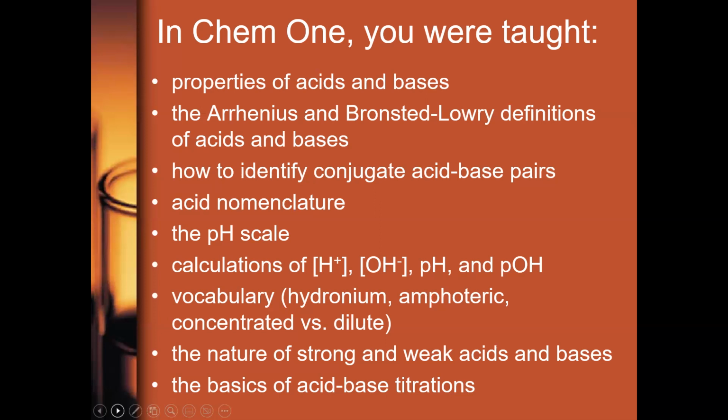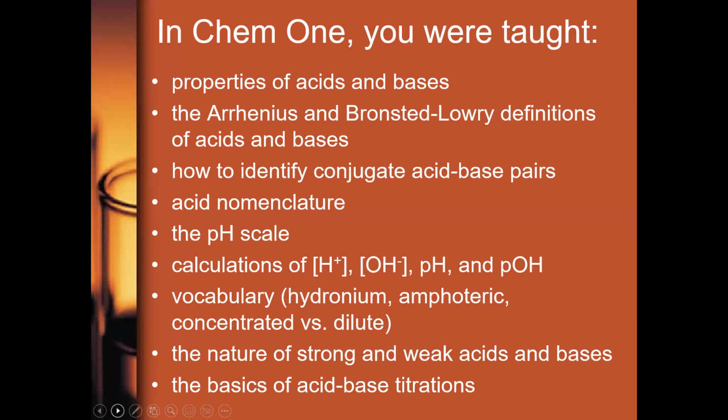In general, with the basic math for acids and bases, I remember our pH scale. We're going to touch base on that, which goes from 0 to 14. Those lower numbers are more acidic, 7 in the middle is neutral, and the higher numbers are more basic. Basic calculations of how to solve for H+, OH-, pH, and pOH.